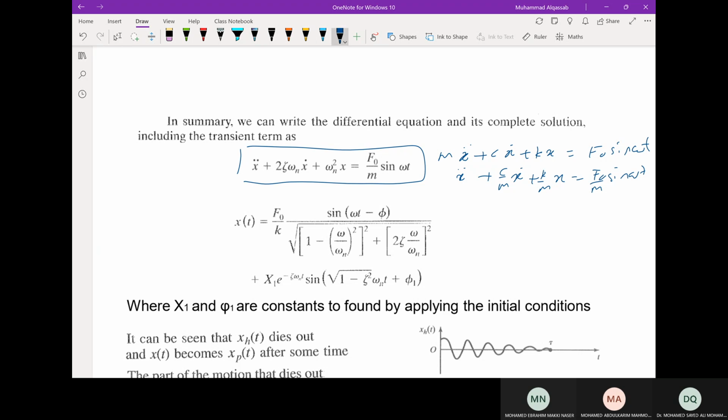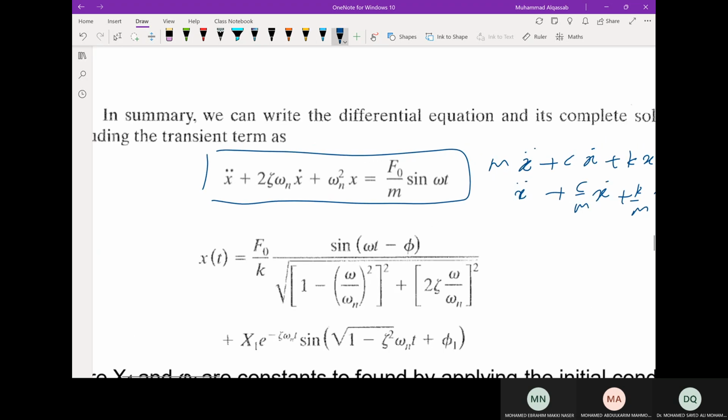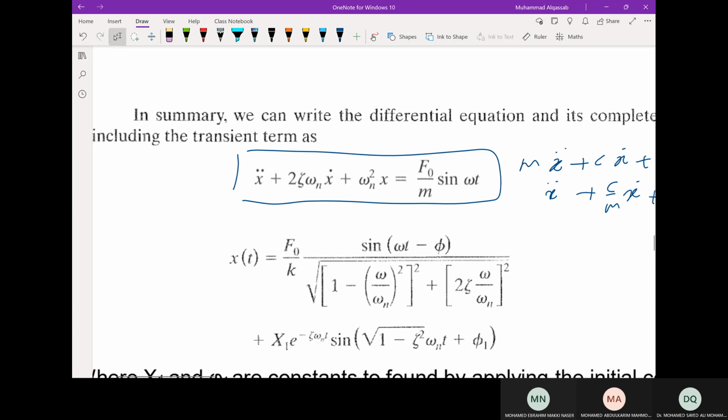We talked about this in chapter 2, that when you divide by m, the coefficient of x dot is 2 zeta omega n, and the coefficient of x is omega n squared. The total solution is the addition of the homogeneous plus the particular.